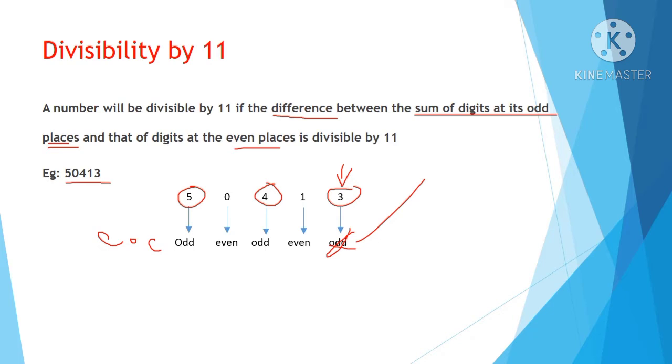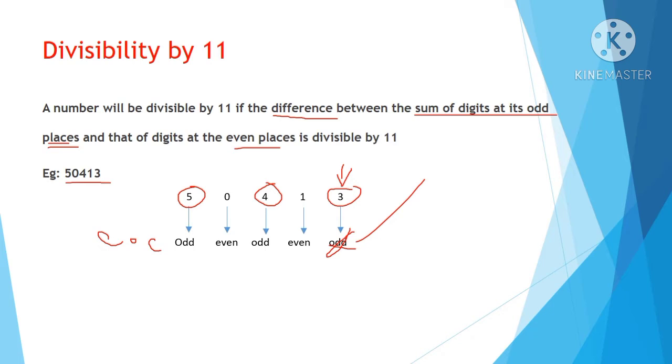A number will be divisible by 11 if the difference between the sum of the digits at its odd places, this is very important, odd places, not odd numbers, and the sum of the digits at the even places.